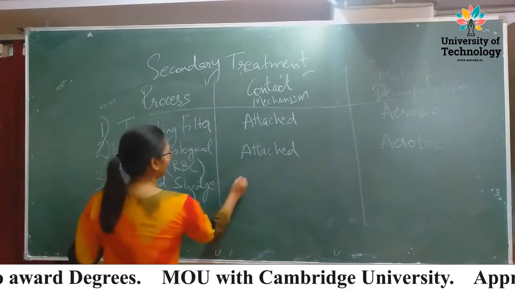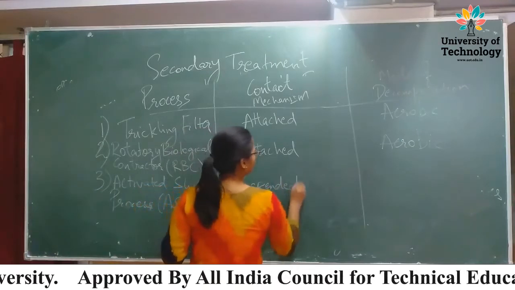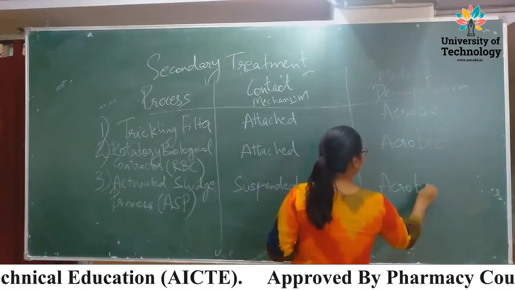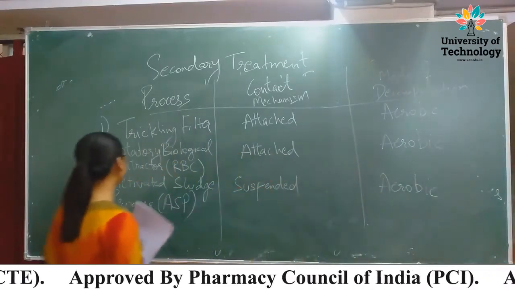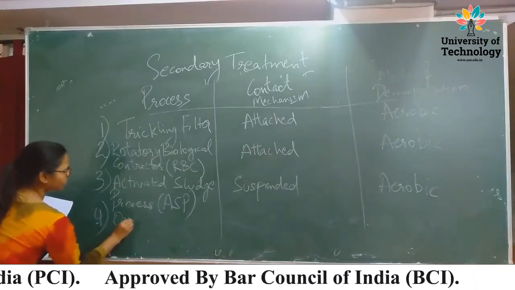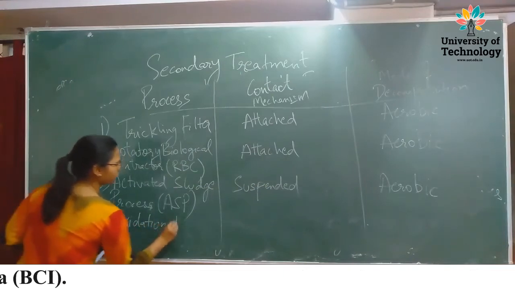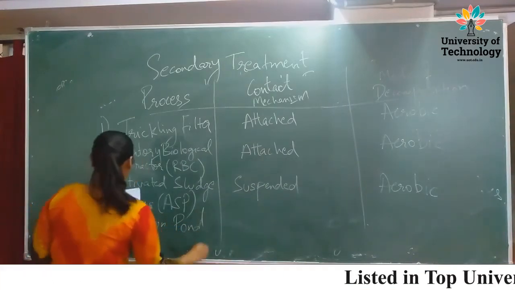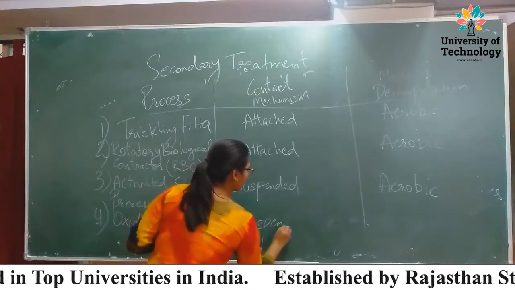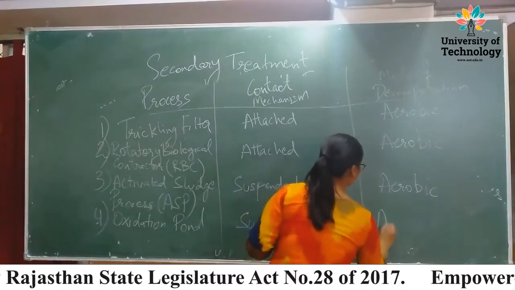It is a suspended growth system and is strictly aerobic. Number 4, oxidation pond. It is a suspended growth system and is aerobic.